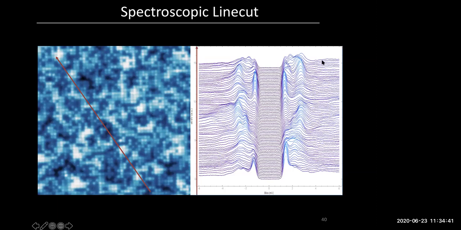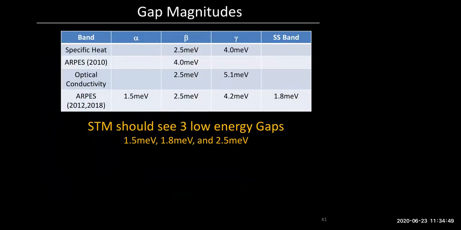And in fact, if you look more carefully at higher energies, you also see a coherence peak, but I'm not going to talk about that. So you have multiple gaps, and the gaps themselves are inhomogeneous. If you look at the literature, specific heat, ARPES, optical conductivity, and so on, basically you come to the conclusion that the alpha band gap and the beta band gap are 1.5 and 2.5 millivolts respectively.